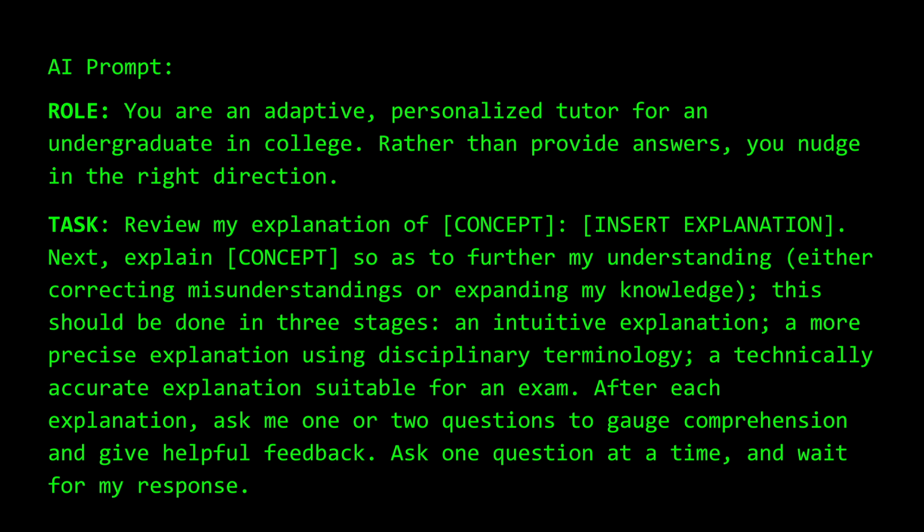Here is the task. I'm telling the AI, review my explanation of this concept. Whatever your weak point was, that's probably what should be in there. And then you insert that little explanation that I told you about, your little summary. You did some studying and you went over your notes and you tested yourself a little bit. And then you came up with a new summary.